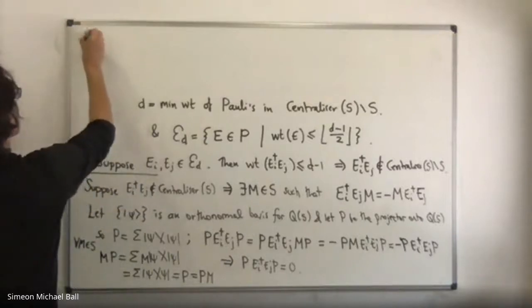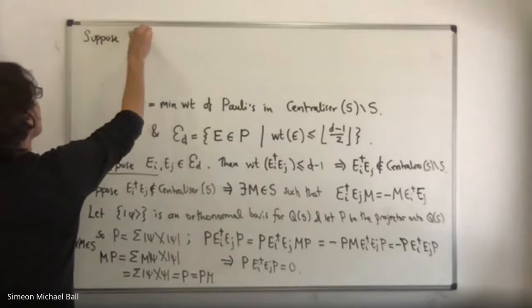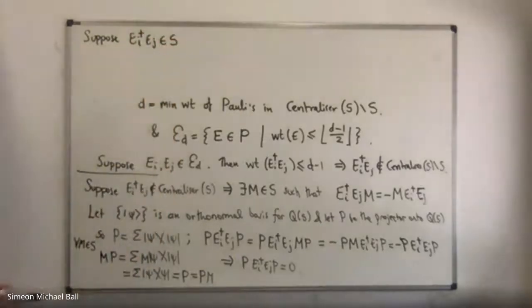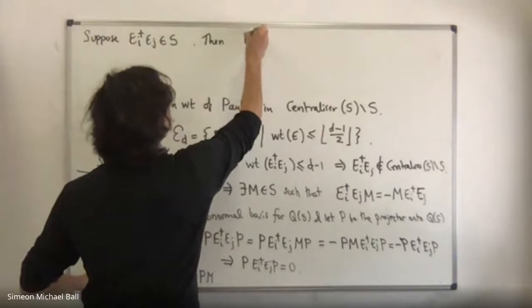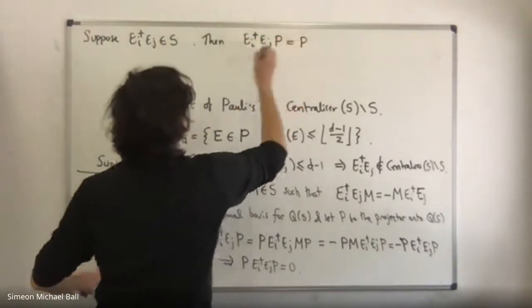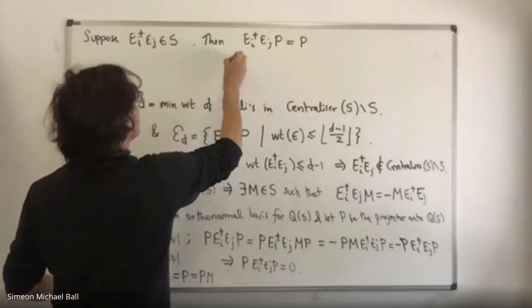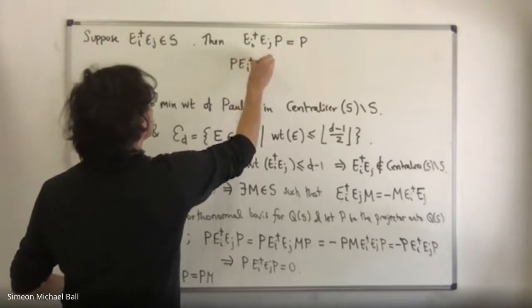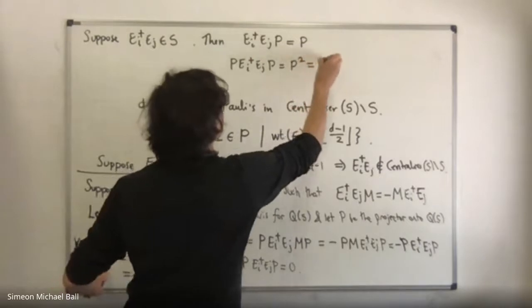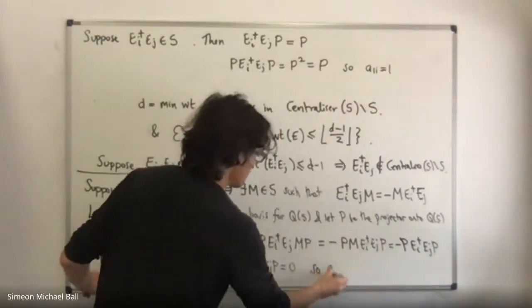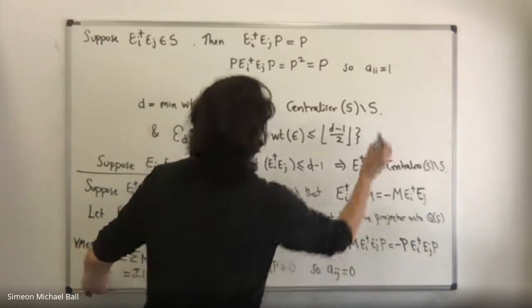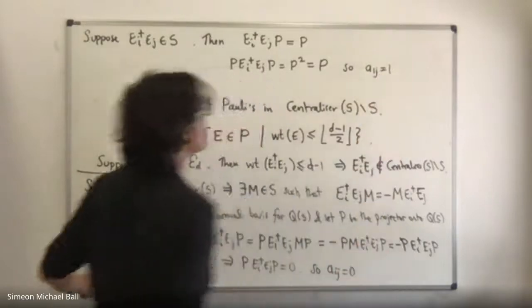So now we have to suppose E_i† E_j is in S. Well, if it's in S, then what we've written here, E_i† E_j P is equal to P, and so P E_i† E_j P is P squared, which is P. So in that case, a_ij is equal to 1.